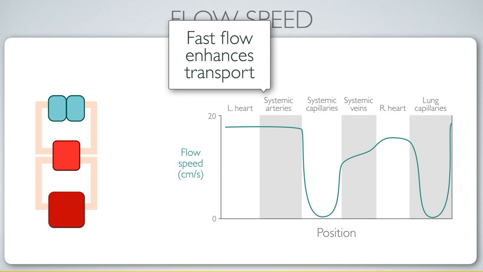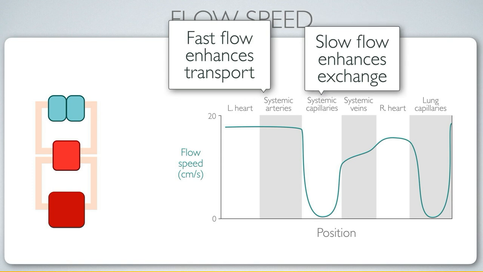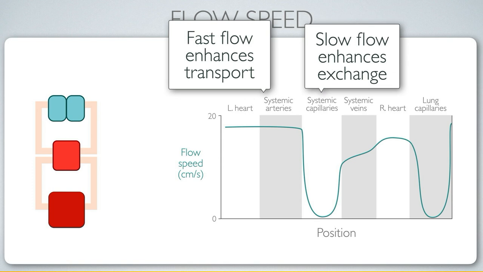You've got fast flow in those large vessels to quickly transport the blood and all that it carries. And then there's slow flow at the exchange surfaces, both the systemic capillaries, that's the cells of the body, and in the lung capillaries, where the blood picks up oxygen and drops off CO2. So our question relates to what governs this pattern.